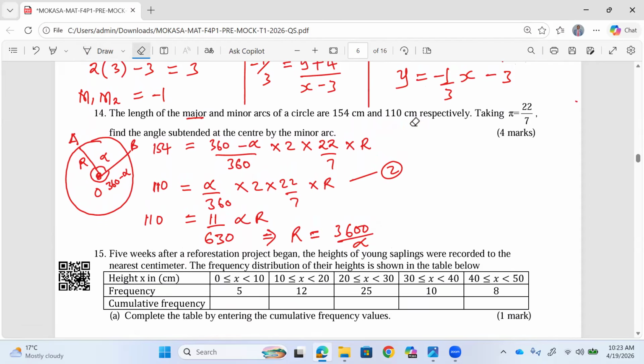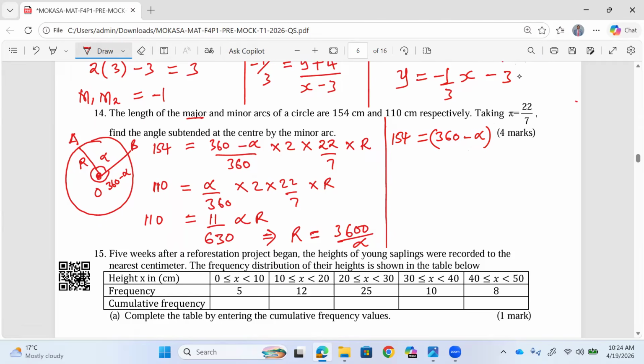Equation 1 can be re-expressed such that equation 1 will become what? It's already 154 equals 360 minus alpha. Actually, let me have that point like that. 360 minus alpha.